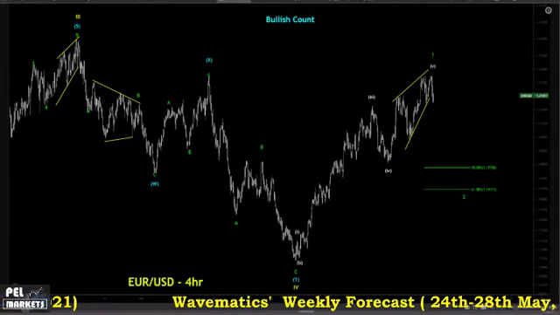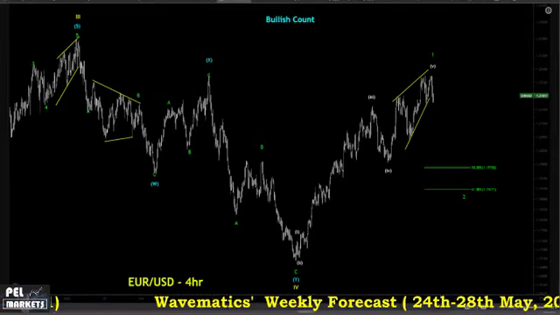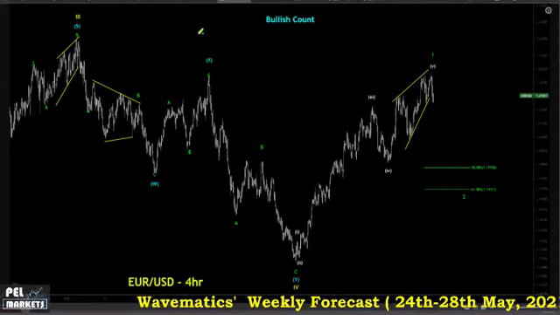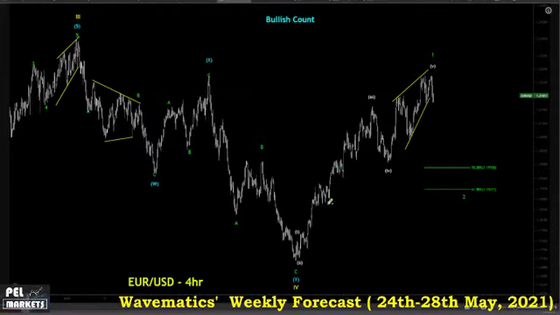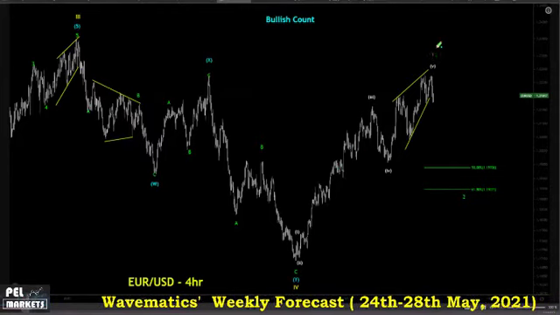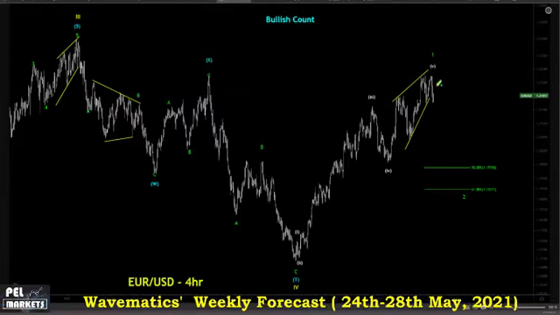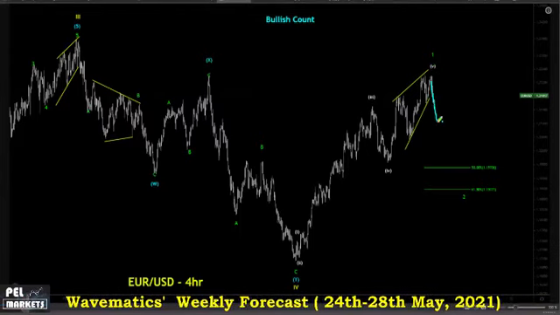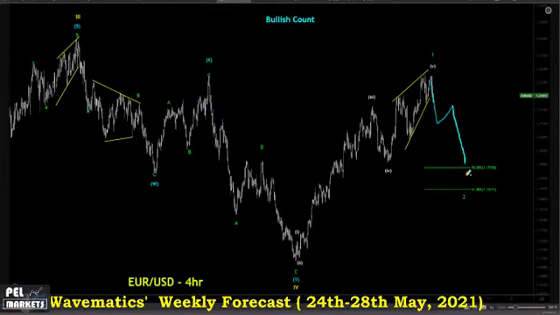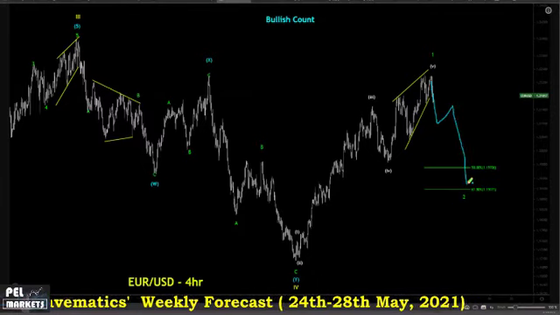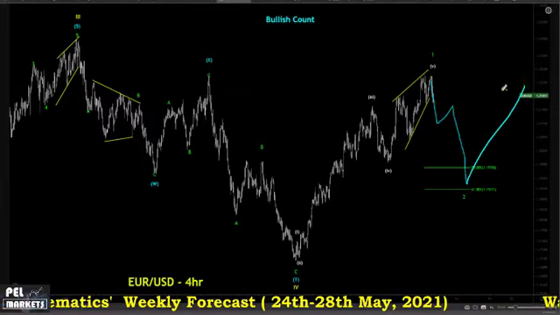So with the Euro USD, this is a bullish count. With a bullish count, we are seeing this as green wave 1 with an ending diagonal. So we are looking for an ABC correction for green wave 2 before we go up.